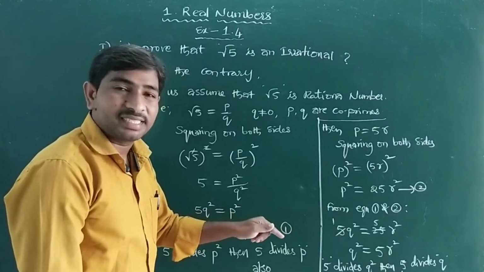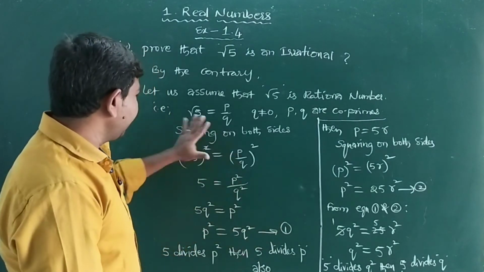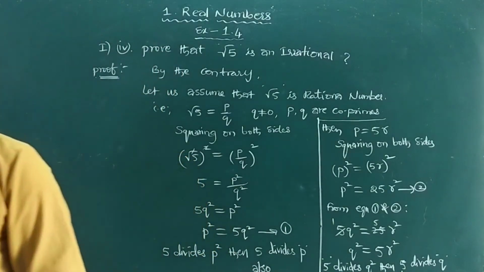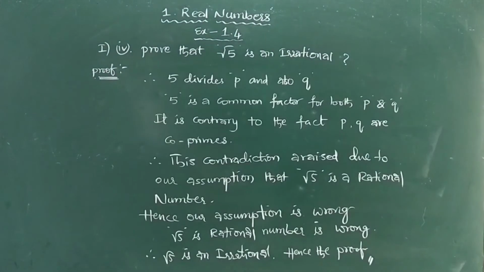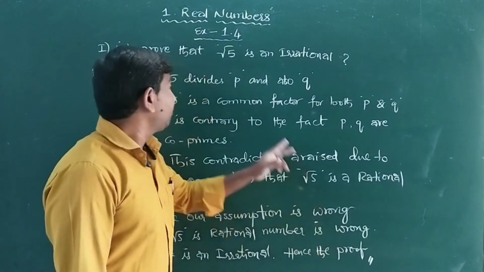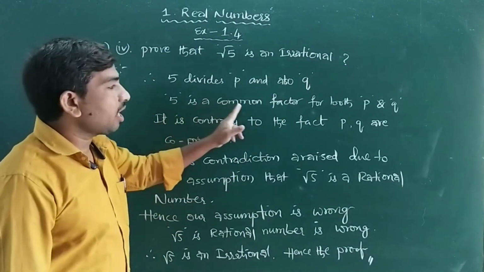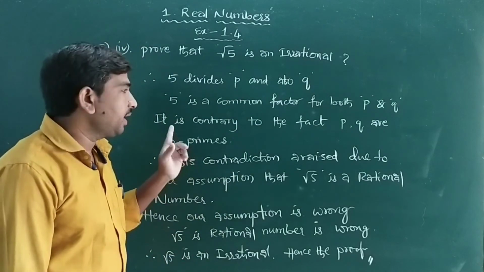So this is a contradiction. Finally we got that 5 divides p and also q, so 5 is a common factor for both p and q.